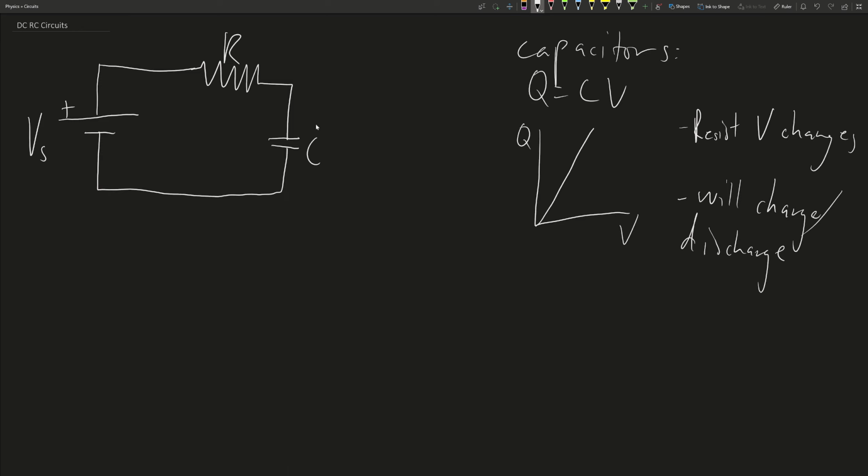What that means is that if you remove the capacitor after it's fully charged or discharged, the voltage at the terminals where the capacitor used to be will be the same as the fully charged or discharged capacitor. So once the capacitor is fully charged or discharged, it'll match the potential of the circuit where it's placed. Again, if you remove the capacitor, the circuit at those two points where the capacitor was originally connected will be at the same potential as the capacitor when it's fully charged or discharged.